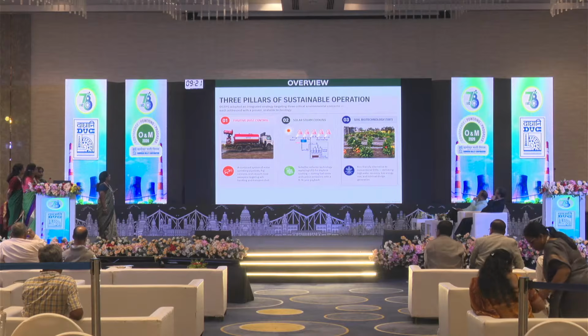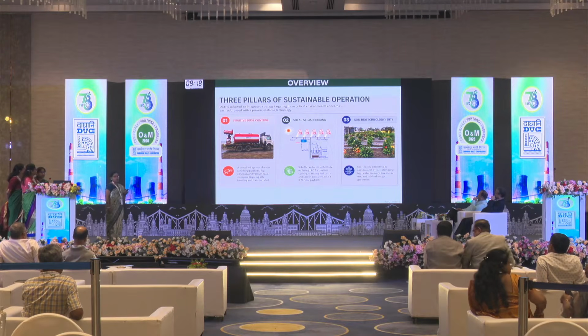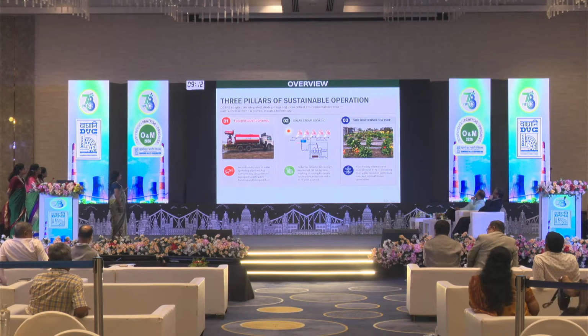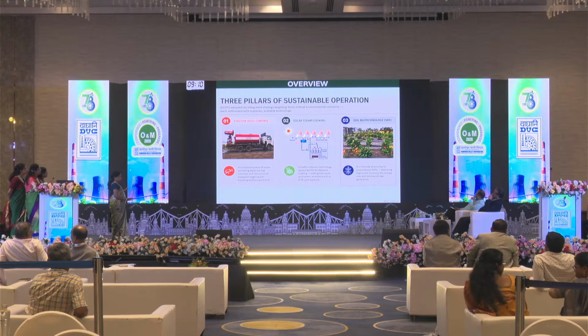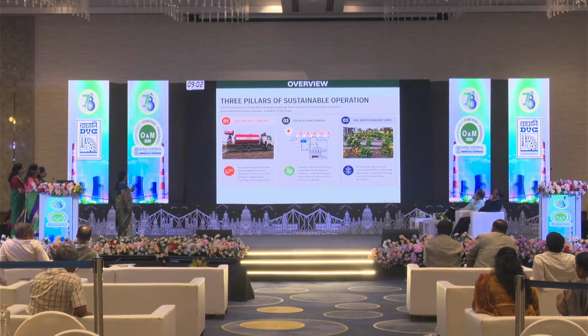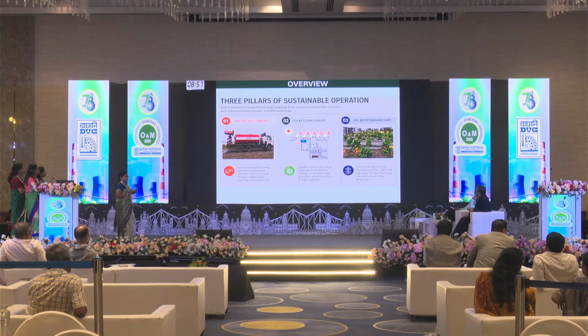So let us have an overview. These are the three pillars of sustainable operation at DSTPS. The first one is the fugitive dust control system. Under this, the dust that is generated in the plant and the periphery area, how we control this dust, comes under the fugitive dust control system, and these are all the systems that are ongoing or implemented at DSTPS.